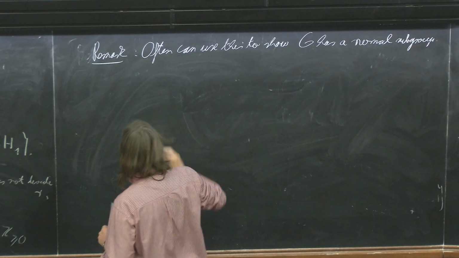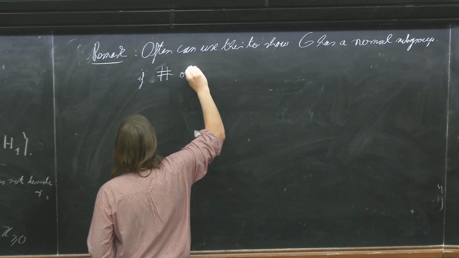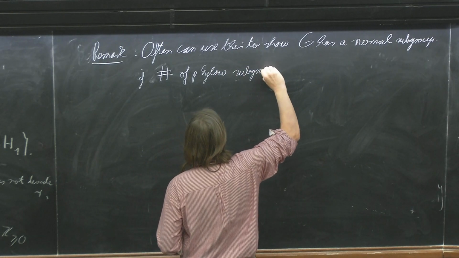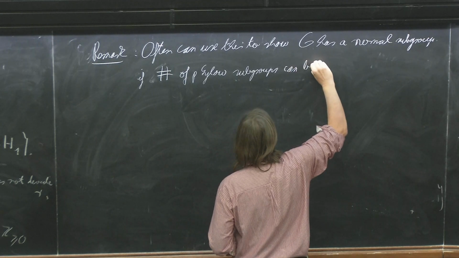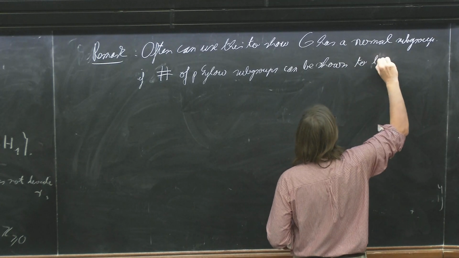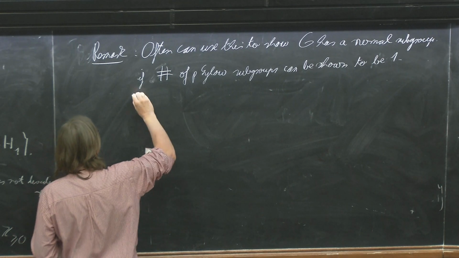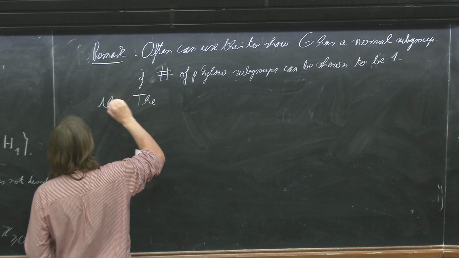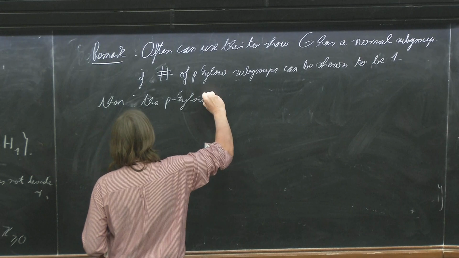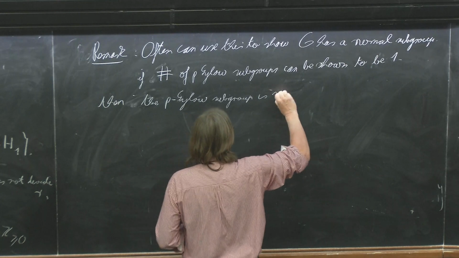Namely, if the number of P Sylow subgroups can be shown to be 1, then the unique P Sylow subgroup has to be normal. Is a normal subgroup.